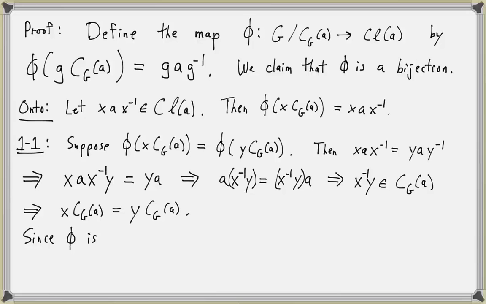So since phi is a bijection, the domain and the codomain have the same size.